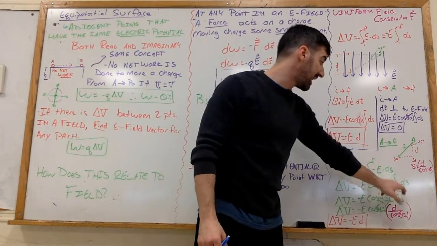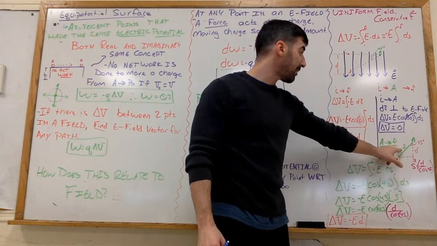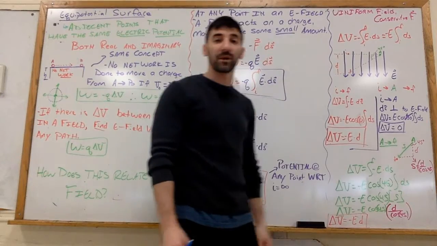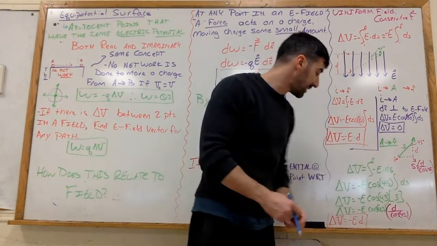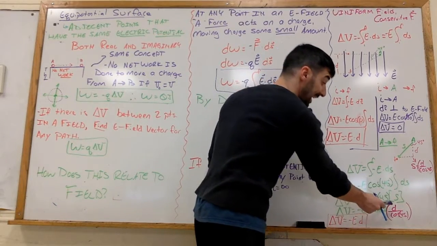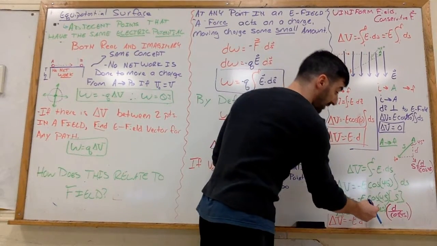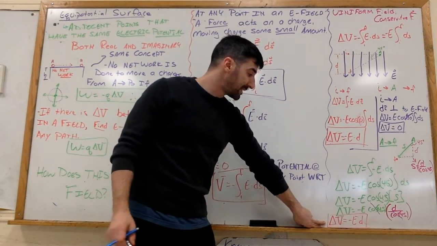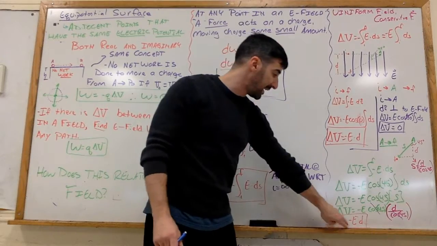The antiderivative of ds is just S, and from my picture I can see that S is actually equal to d over cosine of 45. Simple substitution, delta V equals negative E cosine 45 times d over cosine 45. Those guys cancel, and then when I squeeze it right on the bottom here, delta V equals negative E times d.